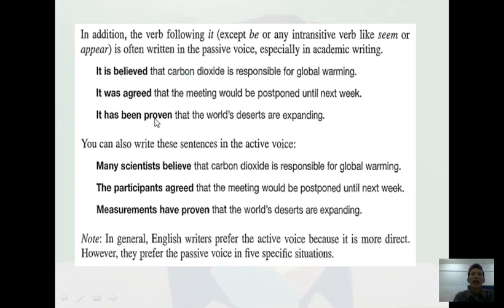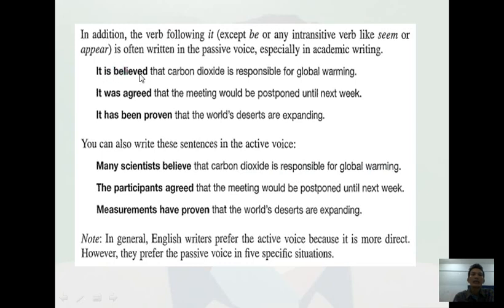Believe, agree, and prove are categorized as transitive verbs. They can be changed into the passive voice, but don't put the addition it if the word is an intransitive verb like seem or appear. You can also write this sentence in the active voice: many scientists believe that carbon dioxide is responsible for global warming.